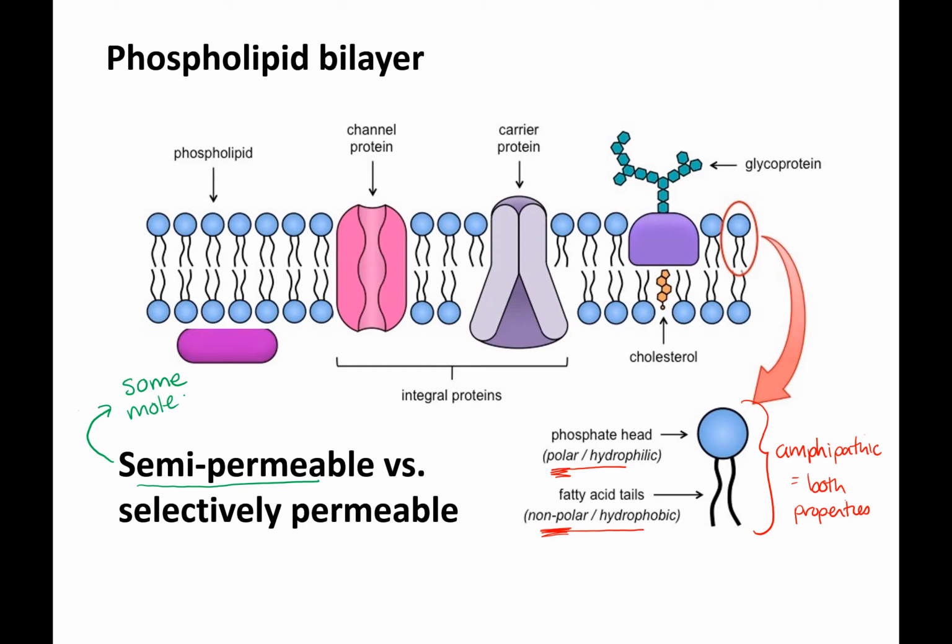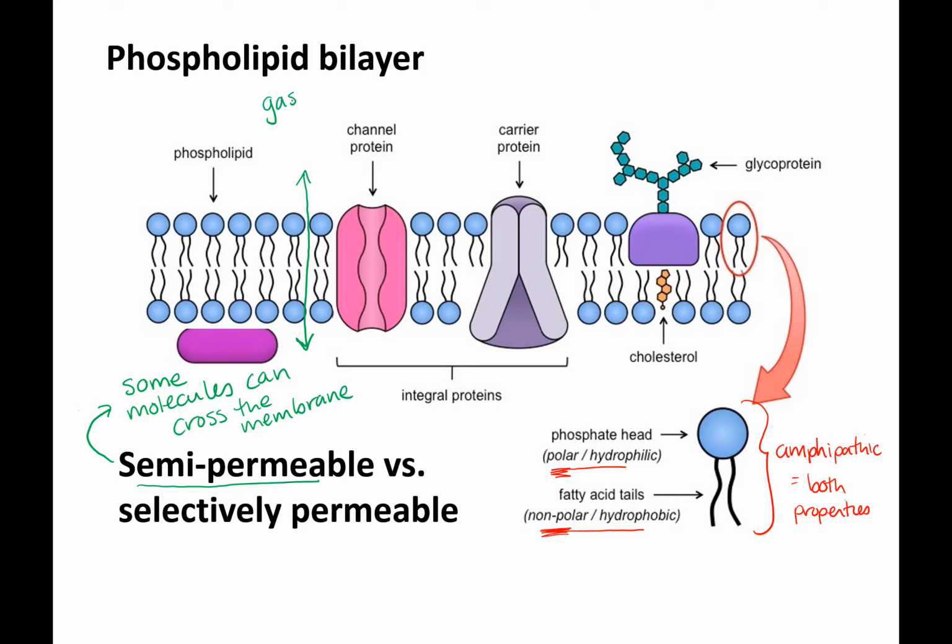Let's say some molecules can cross the membrane. That means they can go right across this membrane. I guess I shouldn't draw it through a phospholipid. They're going to go right through the space between. That's semi-permeable.